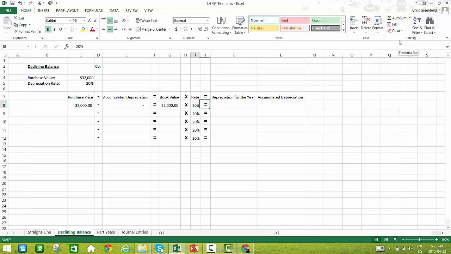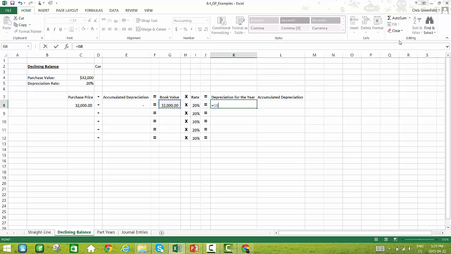Now we multiply our 20% by the 32,000. I'm just going to use my Excel math here. I'm going to go equals and then times, which is the star key, over to my 20%. So my depreciation for the first year of owning the car is $6,400. That would be the expense that I would have to put against my profit in year one.